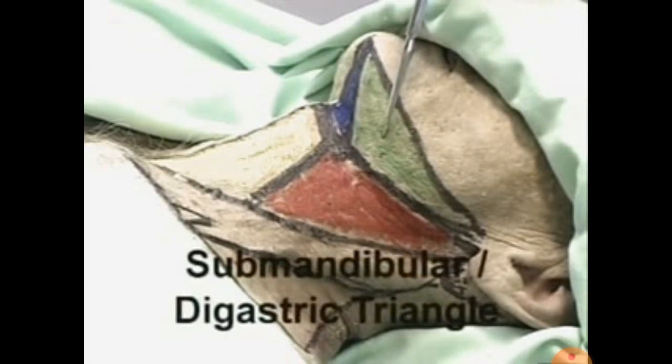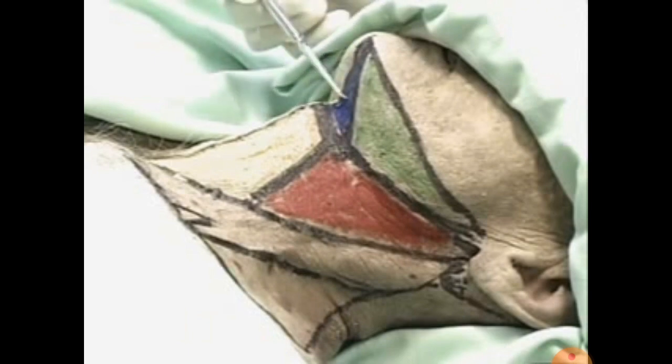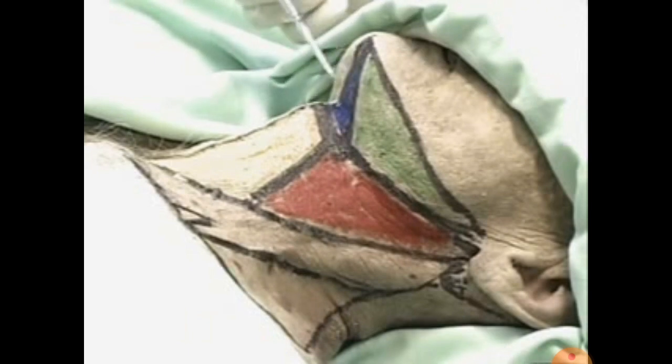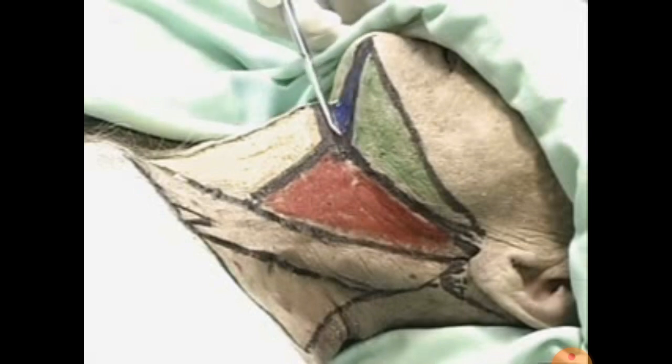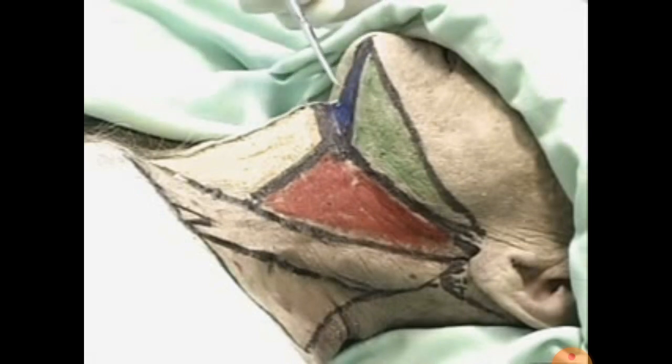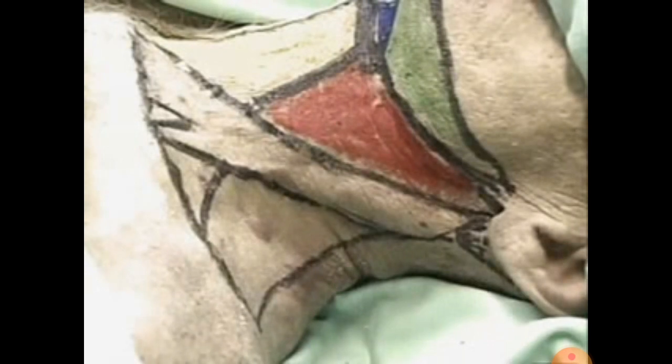Okay. So the next triangle, which has been painted blue, is the submental triangle, which is located right beneath the chin. The boundaries are formed by the anterior belly of digastric, the midline, and the hyoid bone. This is the submental triangle because of its location below the menton.